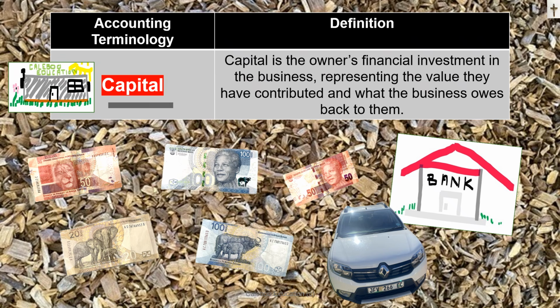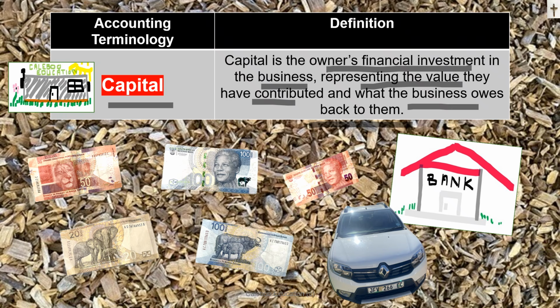Right, what is capital? Capital is the amount of money that the owner invests in the business, representing the value they have contributed. The owner makes a 100,000 Rand capital contribution, and also if the business were to end, you could go to the capital account and you would see what the owner has put in is actually the interest the owner has in the business, and the owner is entitled to what the owner put in, right?